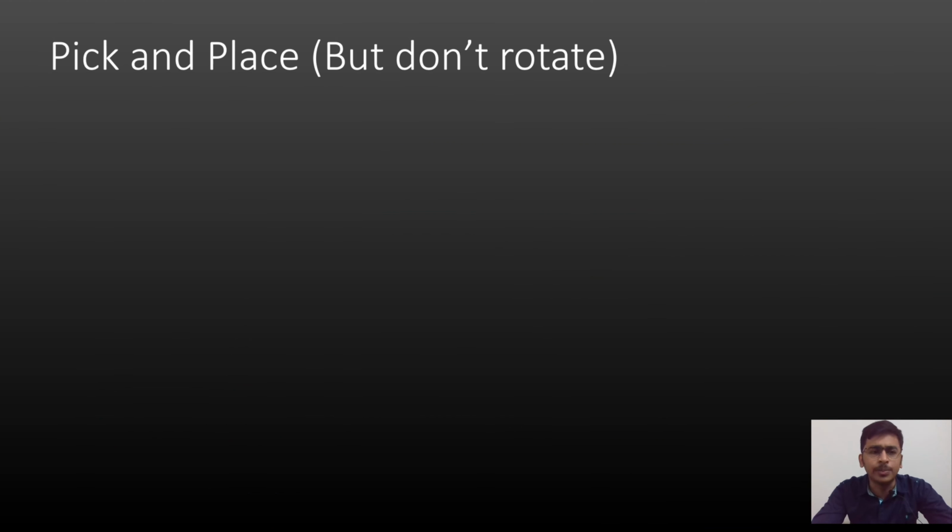Let's talk about pick and place. So what is this pick and place? Essentially, like I said earlier, if India is, let's say, in this direction, Japan is also in the east kind of direction, correct?